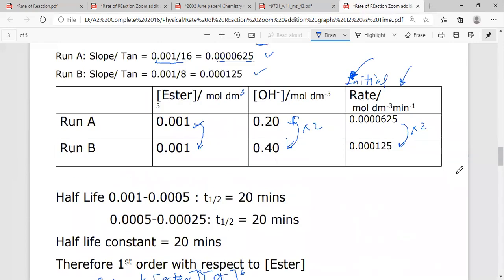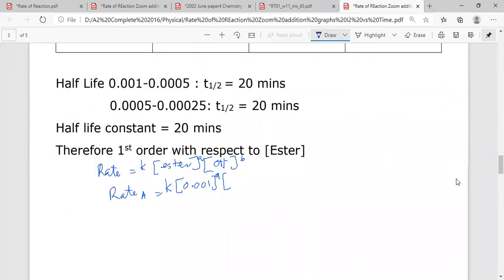And of course, OH minus is 0.2. Rate of B, the ratio method is the easiest and the most effective, I guess, rather than arguing it out. k, the constant, times 0.001 power A over 0.4 power B. See, this one will cancel off. I put red so it's easily distinguishable.